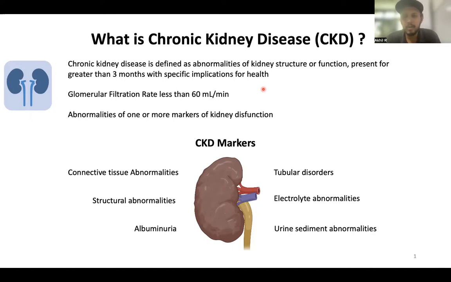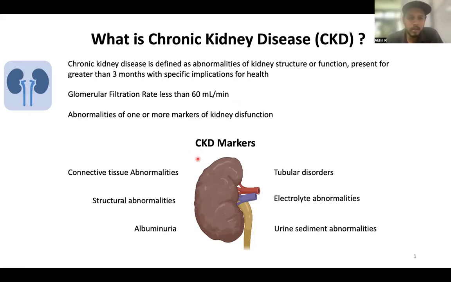So we then came across CKD markers. We thought of having a broad approach so that we can narrow down what markers we can take and carry forward for our next observation. So we started by going through CKD markers.